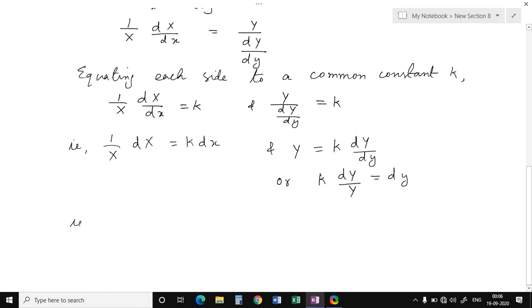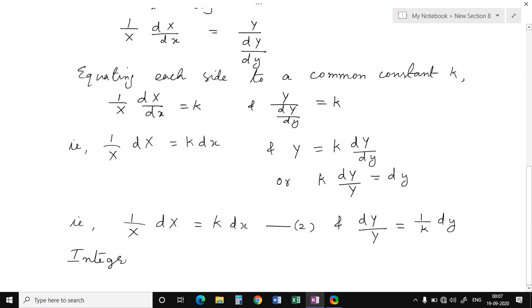So I'll write these two equations once again. 1 by X dX equal to k dx, I'll take this as the second equation, and from here we can write dY by Y is equal to 1 by k into dy. Now we will integrate.